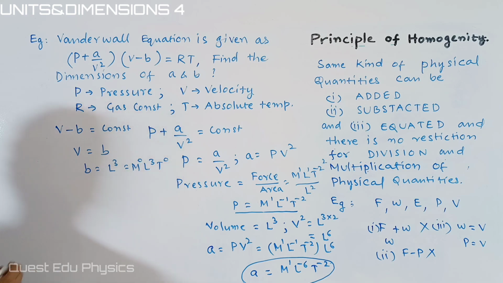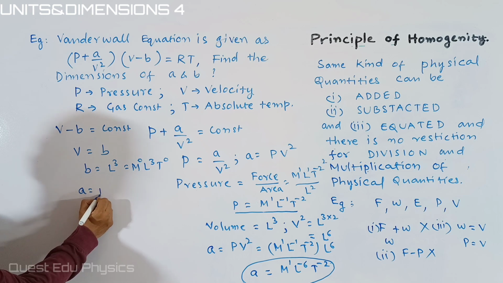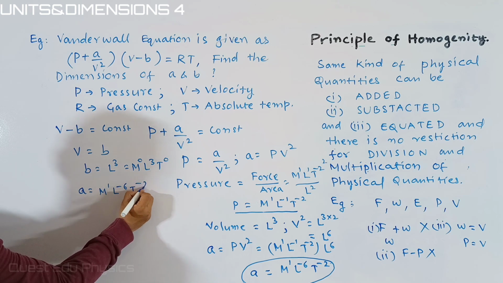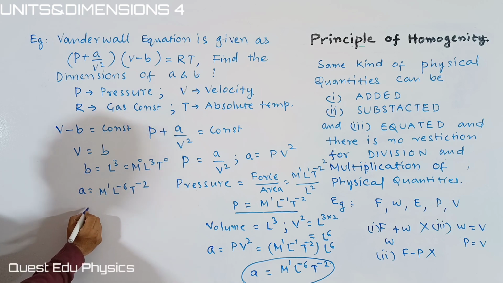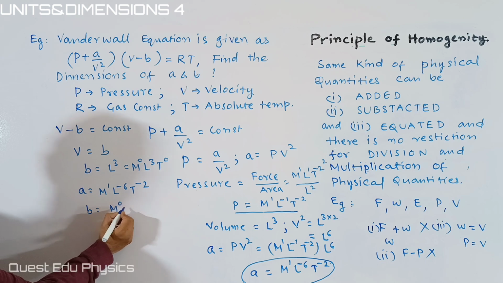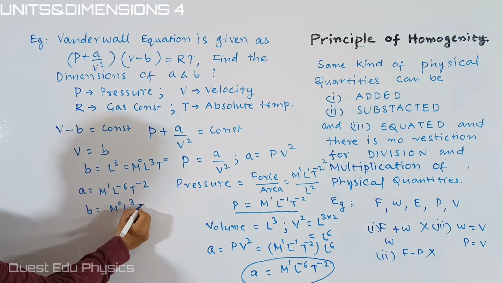In this way, we got A as M¹L⁵T⁻² and B as M⁰L³T⁰.